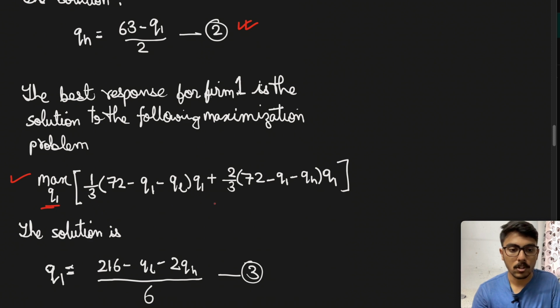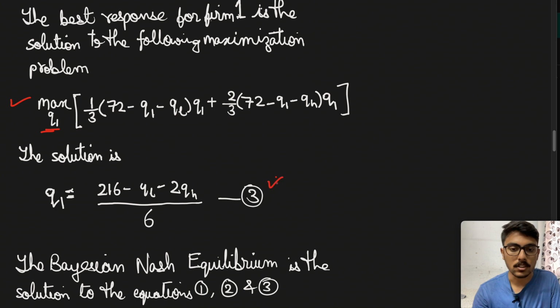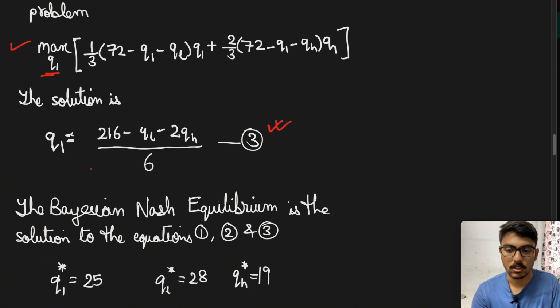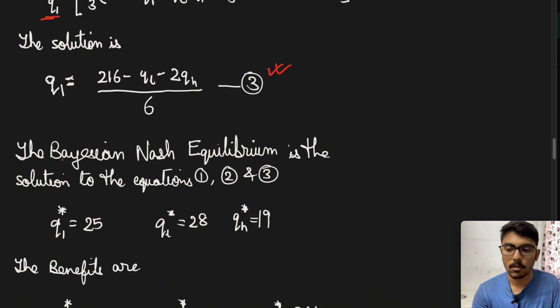So with respect to Q1, we will differentiate it, partial differentiation again, and we will get this equation. I'm not going into differentiation because it's not in the basic boundary of this video. So we'll move ahead. So the Bayesian Nash equilibrium is the solution to these equations 1, 2 and 3.